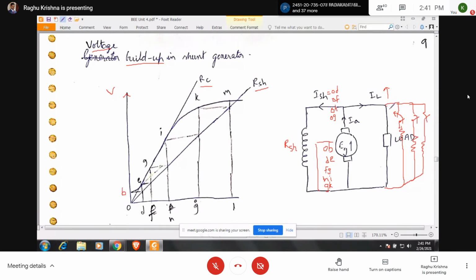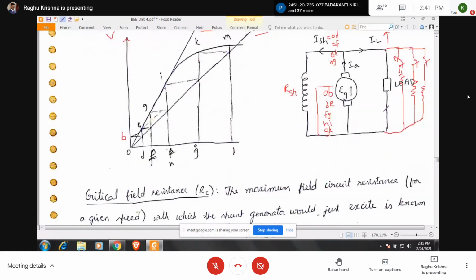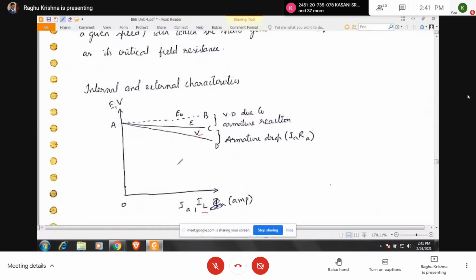If you add the loads, the load current gets increased, and you are going to get this graph. By increasing the load current, the voltage decreases because V equals Eg minus IaRa.